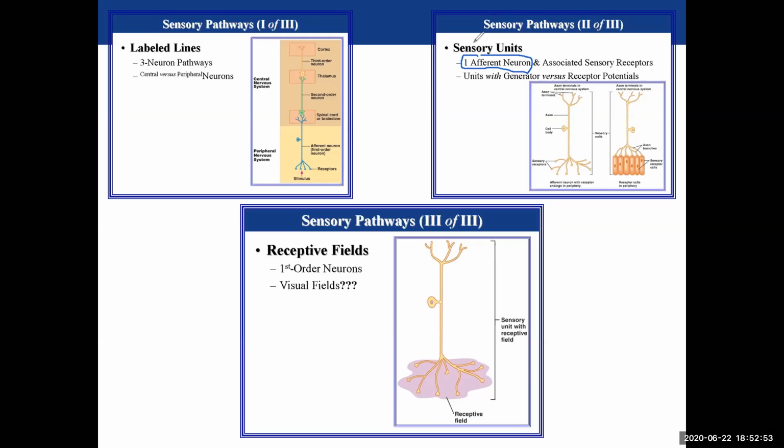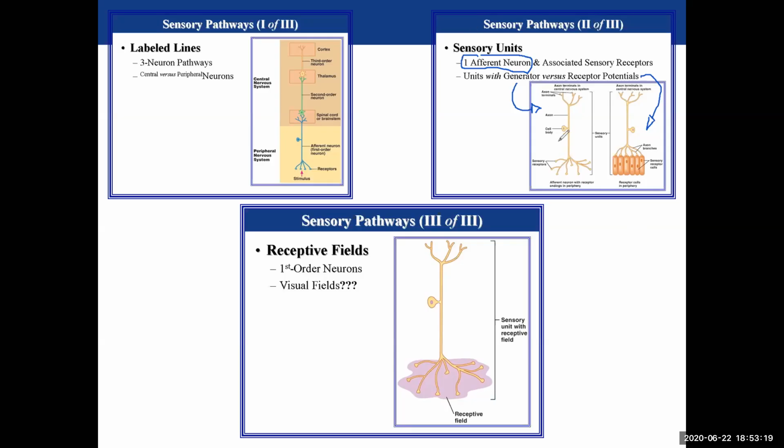We call it a sensory unit. So units with generator potential, units with receptor potential. So this generator potential is this one, and receptor potential is this one. So that's a sensory unit.